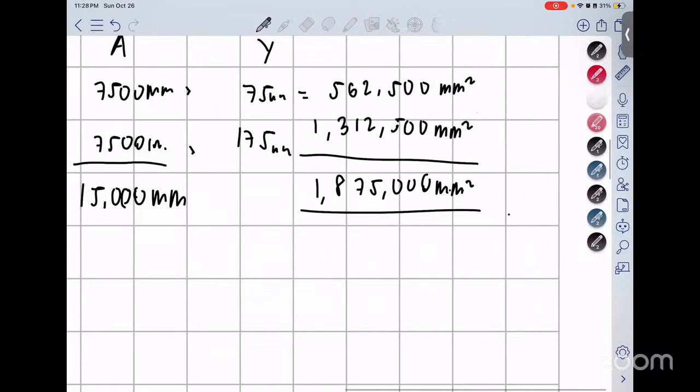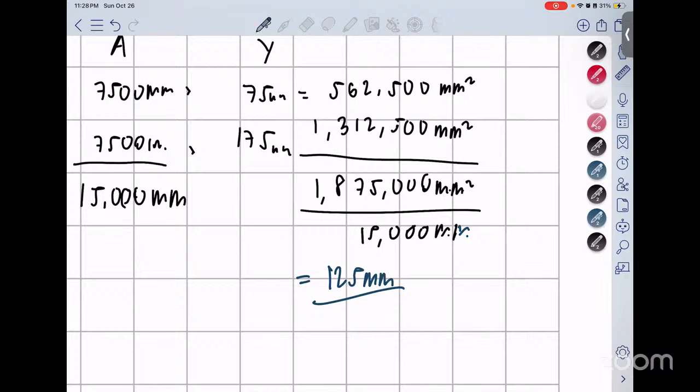You divide this by this, and then you get 125. So that's the first part.